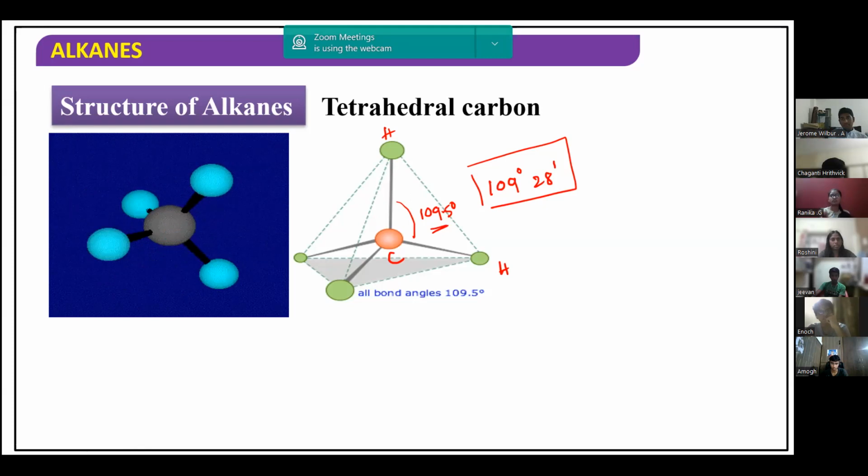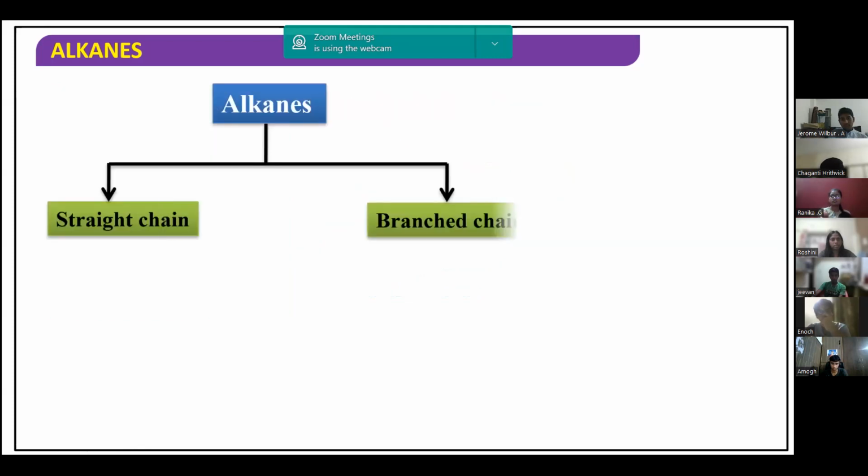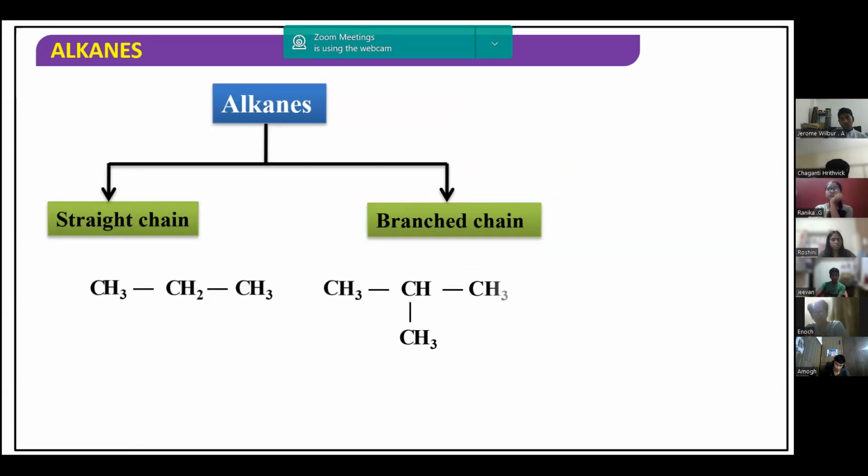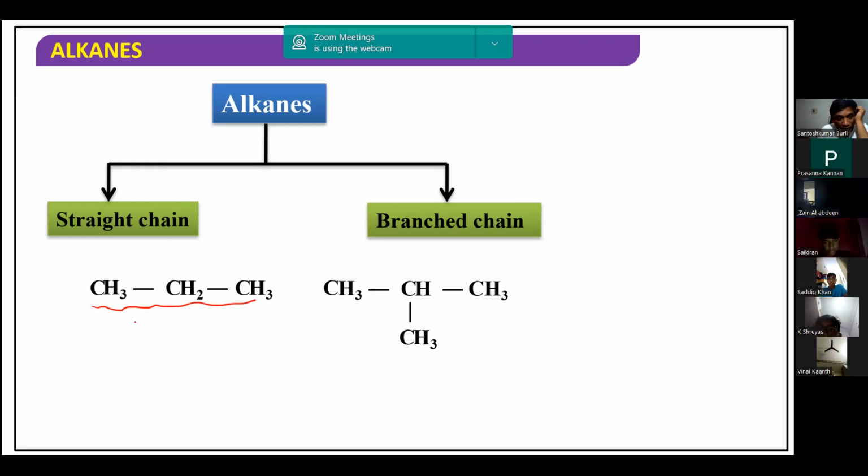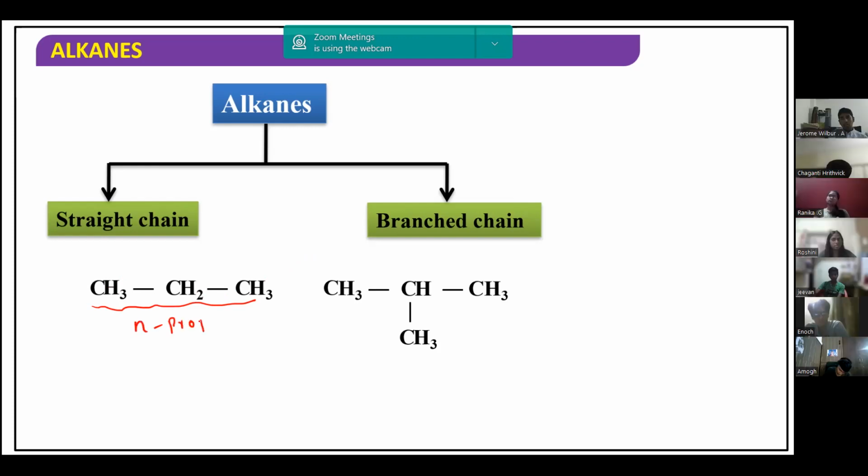Now, in these alkanes, what kind of chains can we write? We can write a straight chain alkane and a branched chain alkane. The straight chain alkane will be CH3, CH2, CH3. This is a straight chain alkane, and we call it n-propane.